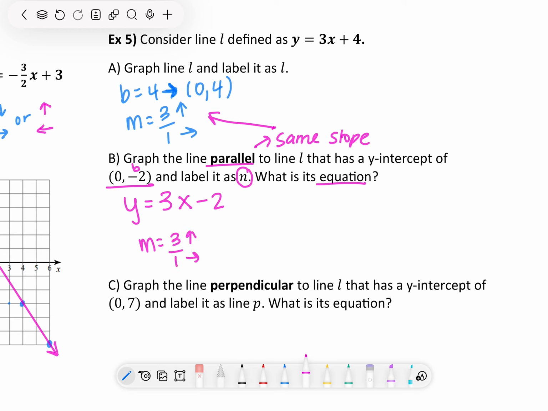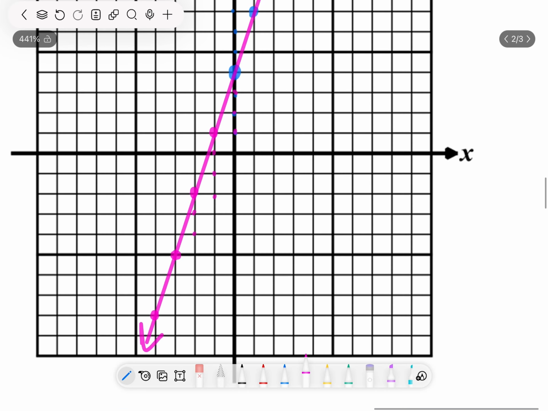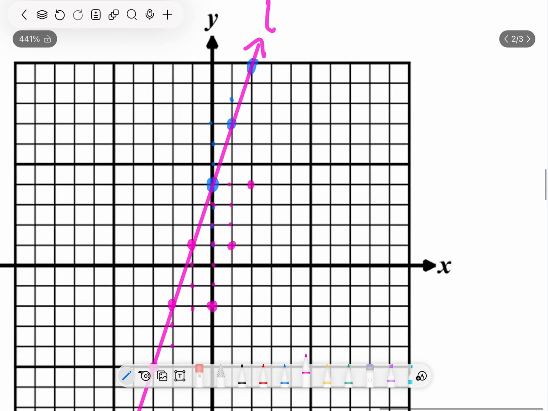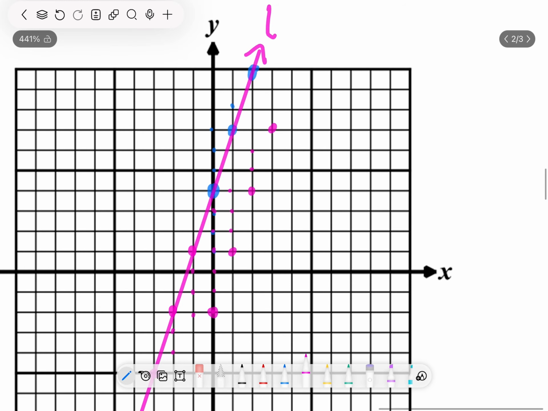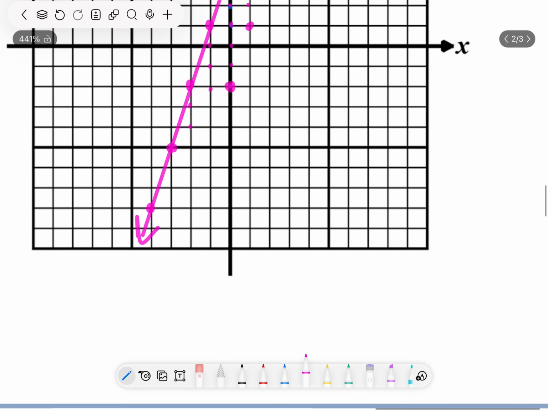All right, so starting at negative 2, we're going to graph this with a y-intercept of negative 2 using the same slope, and label it as N. So down to negative 2, same slope of positive 3 over 1. Label this as N. I'm going to also reverse it and go down and left.